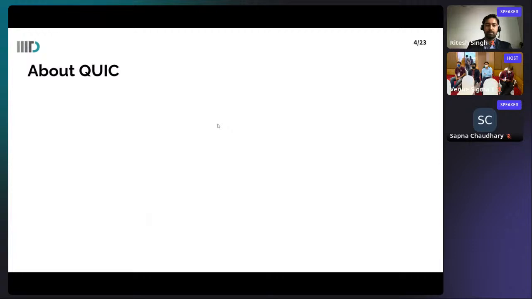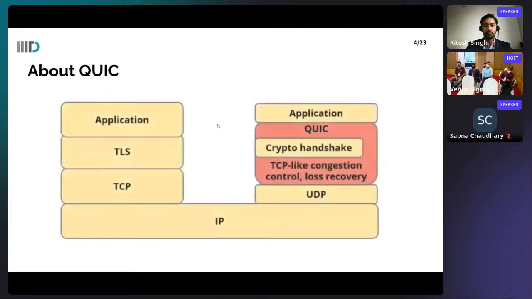Before proceeding further, let's understand what QUIC is. QUIC is an alternative to TCP. From the figure, we can see that QUIC is on top of UDP. Now, the question comes, how is QUIC different from TCP? There are a number of aspects in which QUIC is different from TCP.